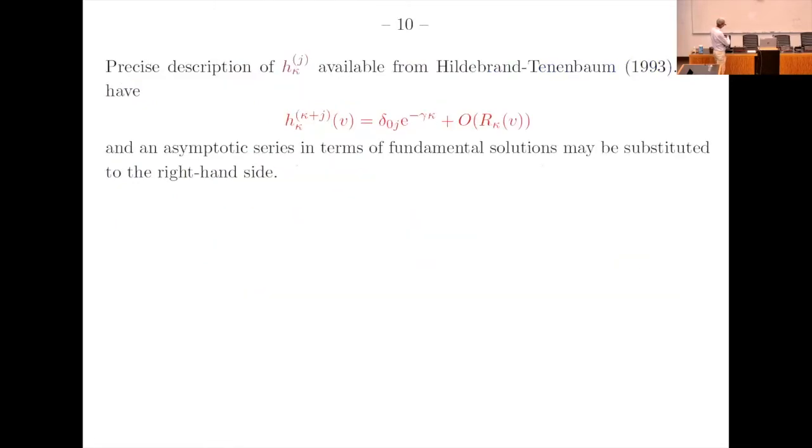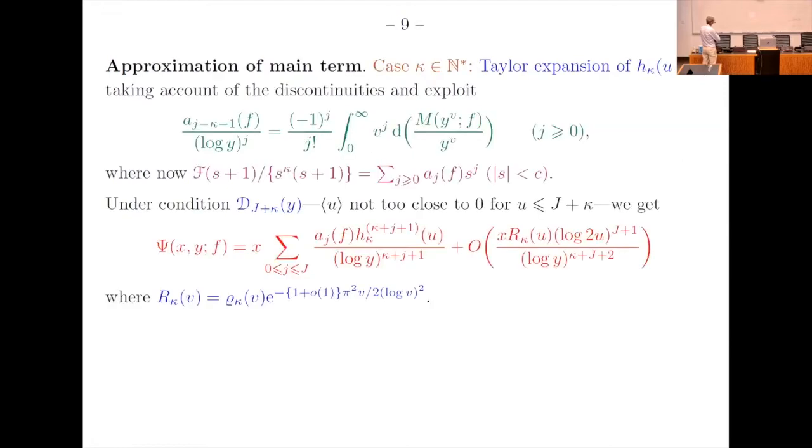Okay, so now I need also to say that when j equals 0, you have an estimate that this function tends to 1, but when j is non-zero, this term is 0, and you have an upper bound of the function which appears.